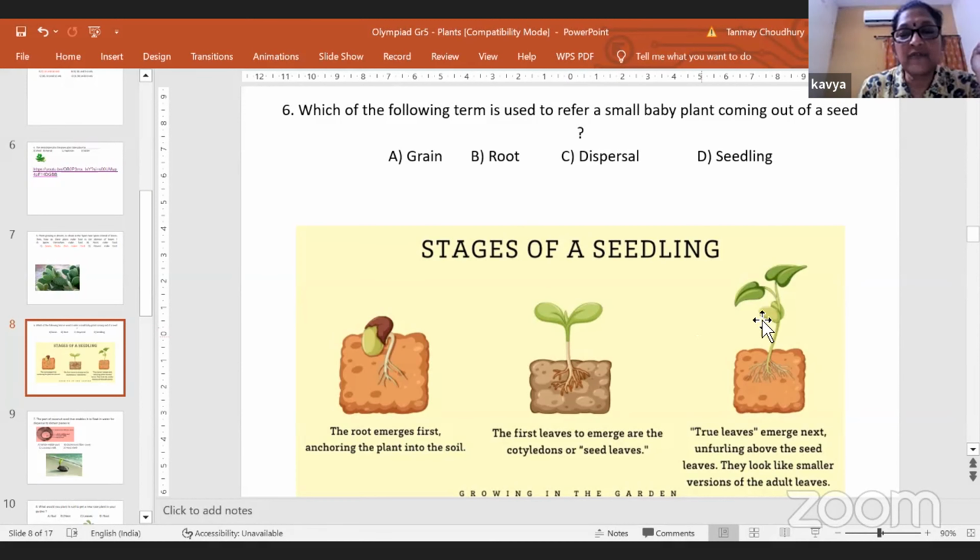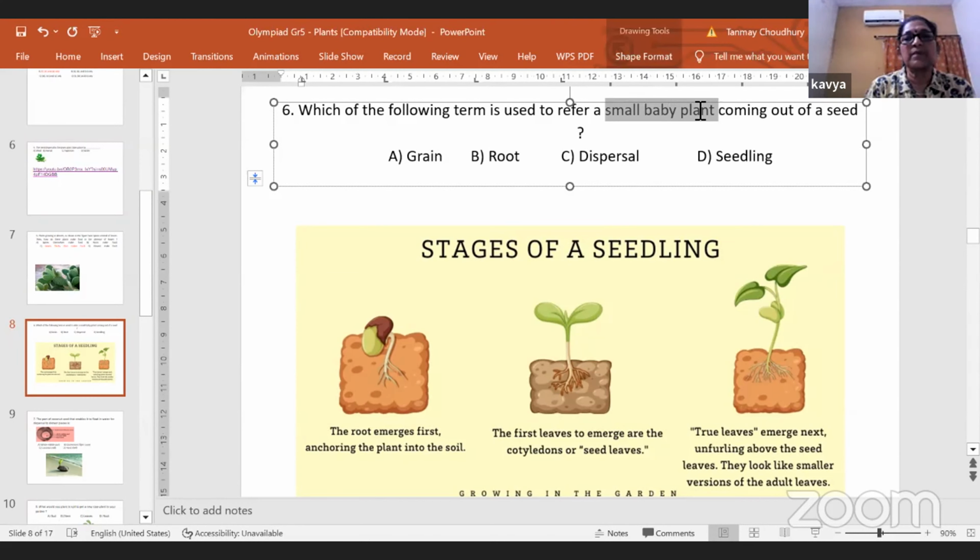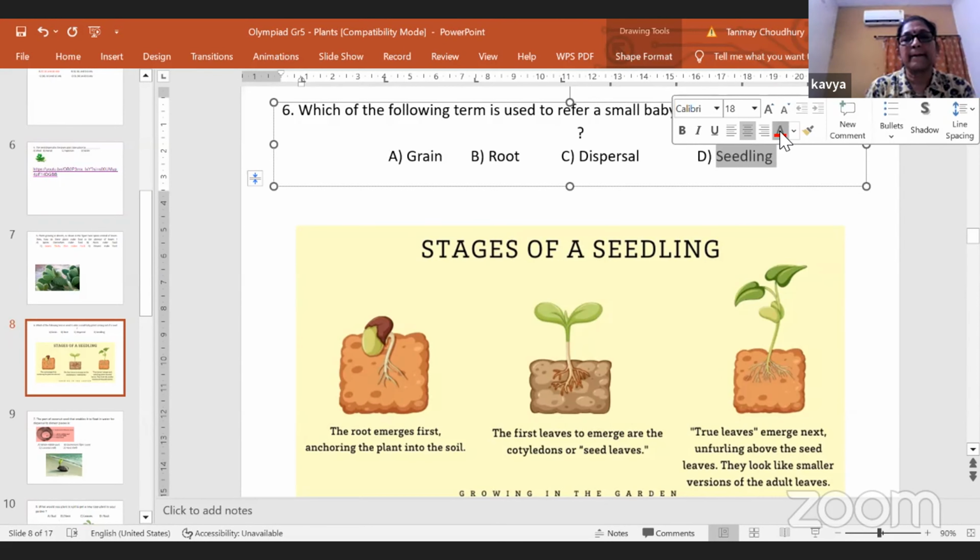After the shoot comes out, this is known as a seedling. That is, the seed along with the baby root and the baby shoot is now known as a seedling. So the term used to refer to the small baby plant coming out of the seed is a seedling, which has a young shoot and a young root.